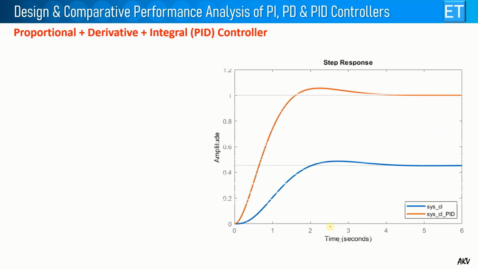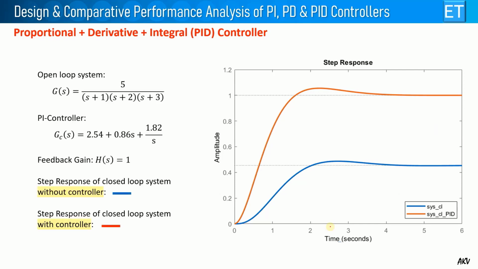And here we can again see the performance comparison. So for the same system transfer function, this is our PID controller. So this is your P part, this is the D part, and this is your integral part. And this blue one again is your uncontrolled system response.